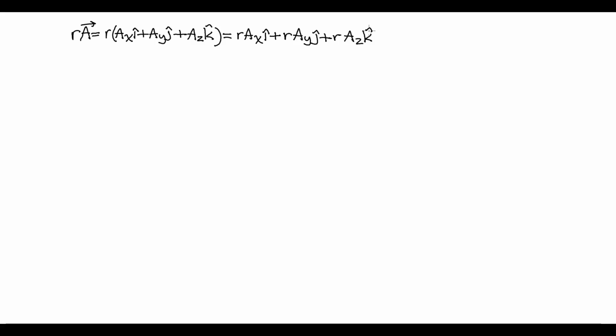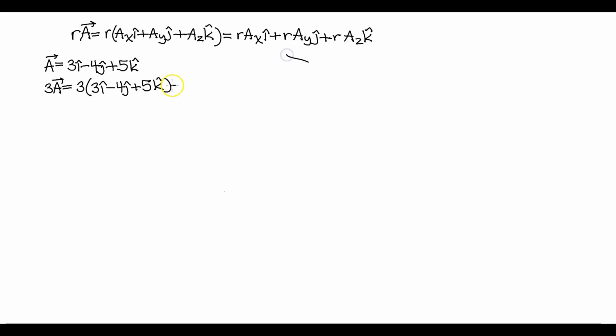Okay, so if we had vector a equal to 3i minus 4j plus 5k, what is 3a? Well, 3a is just 3 times 3i minus 4j plus 5k.